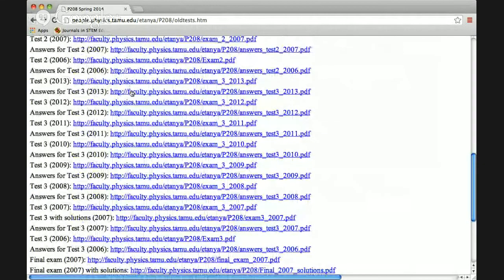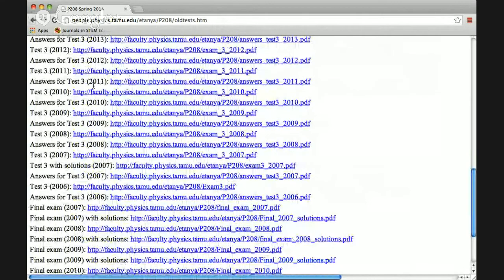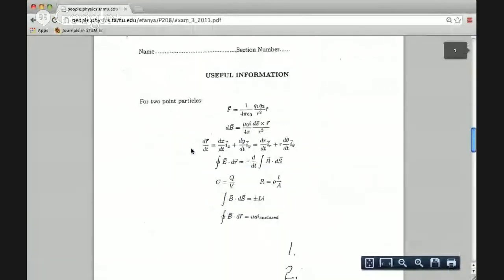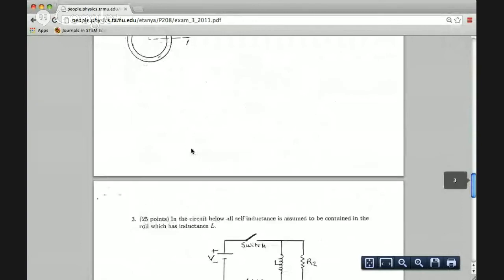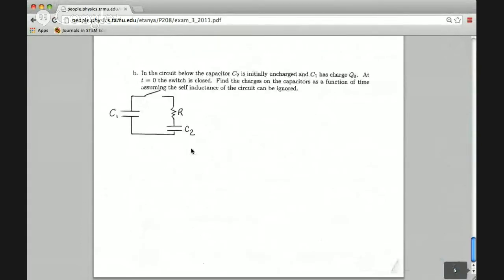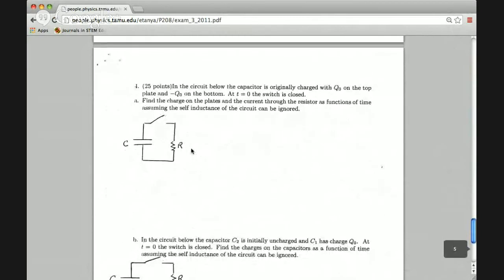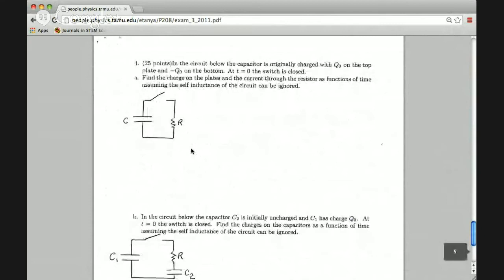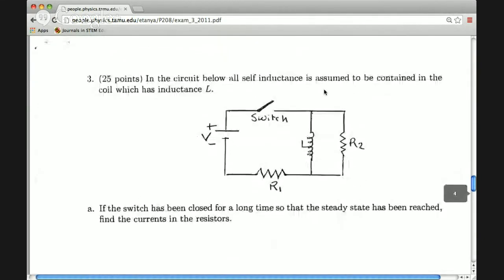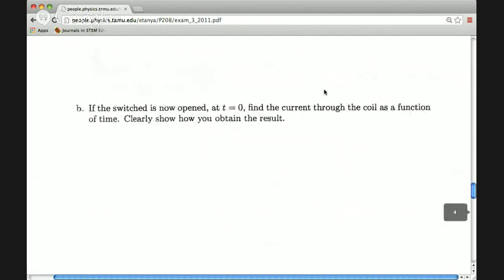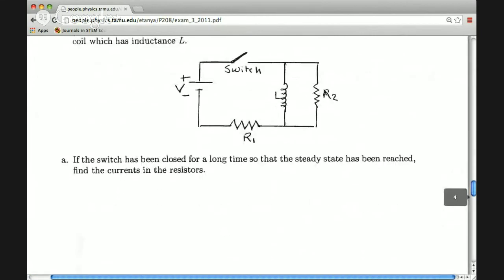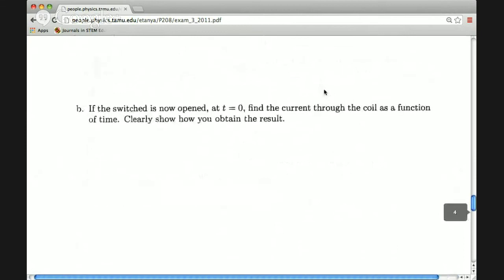So here's 2011. Back to here. Alrighty. Okay. So it looks like in part A we have an RC circuit that's originally charged to Q0. Let me go ahead and zoom up. Okay, I lost my problem. Sorry guys. This is not cool. Where is it?